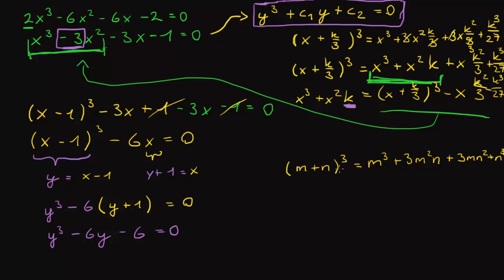So if this is equal, so this minus this has to be 0, right? So we can write this m plus n to the third is equal to minus all of this business here.